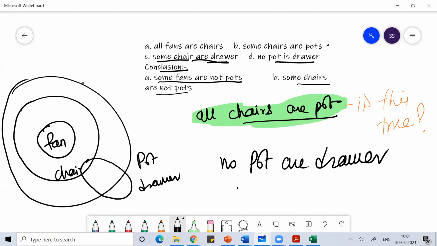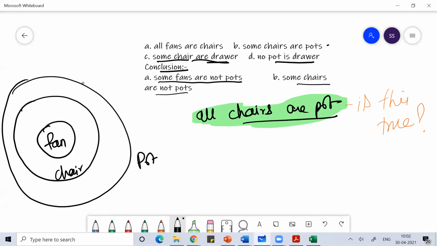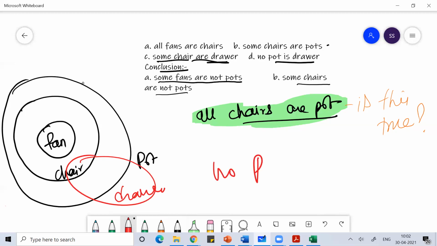You know that some chair are pot, and you know that some chair are drawer. According to my diagram, if I try to touch chair and drawer, then somehow the pot and drawer will come in contact with each other, but no pot is drawer.